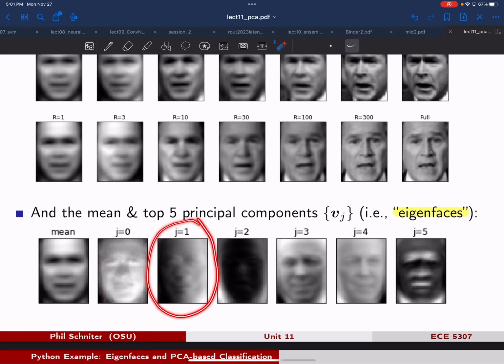Then the next most important eigenface is actually something that I think corresponds to, is the lighting coming from this side. And then this other one, the next most important one, is the lighting coming from down there, and so on. And then after that point, you start to get some more face tweaks, where maybe this might be pulling in the eyes and nose towards the center a little bit.